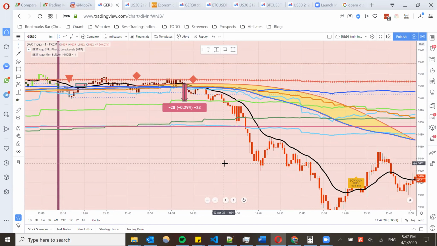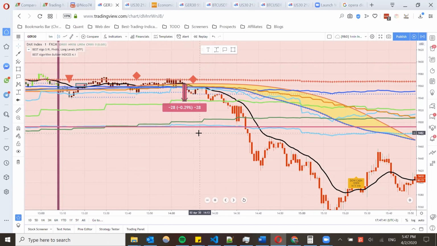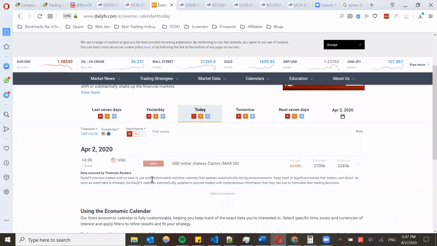Well, that's a tricky one. Yes, I mean, this one is tough, because at this point, when we touch the EMA 20 at 2 p.m., we know that in 10 minutes there is this high-impact event.